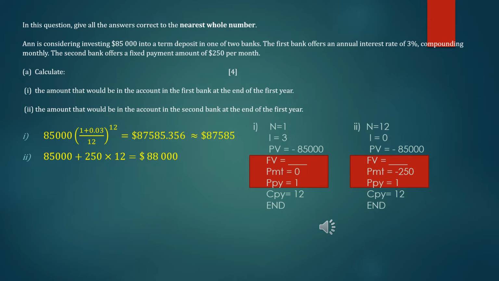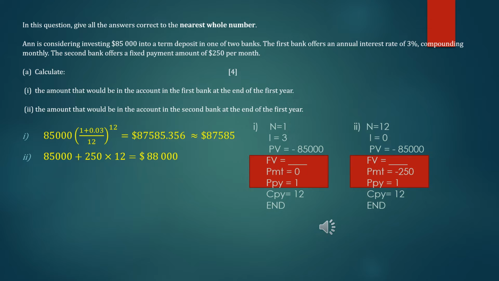We can use our formula for compound interest, and this is highlighted in yellow, or we can use our TVM or finance solver, which is on the right side of this page. So for number one, in the first bank, there would be 85,000 times the interest, which is computed as 1 plus 0.03 over 12 raised to 12.